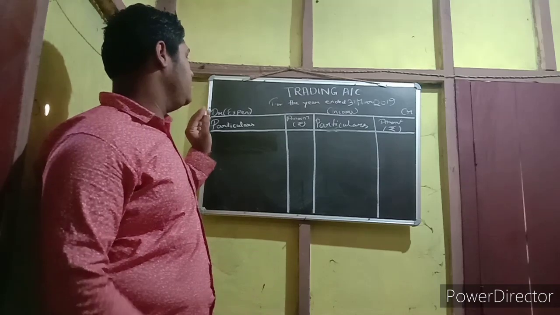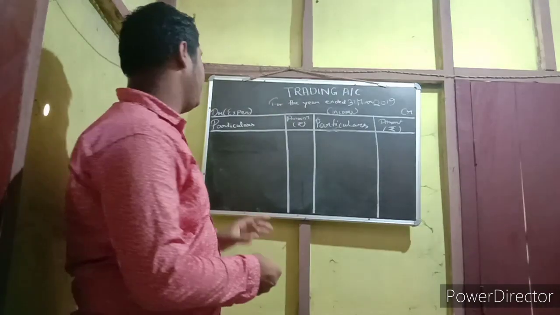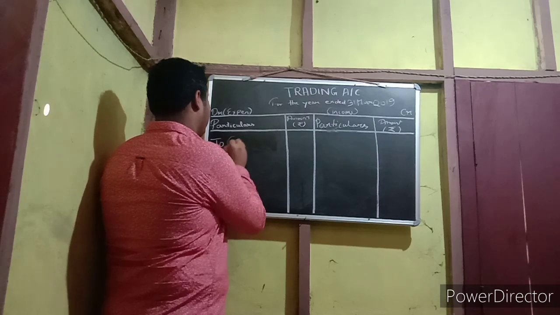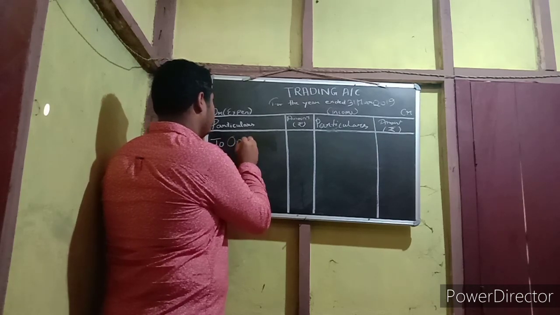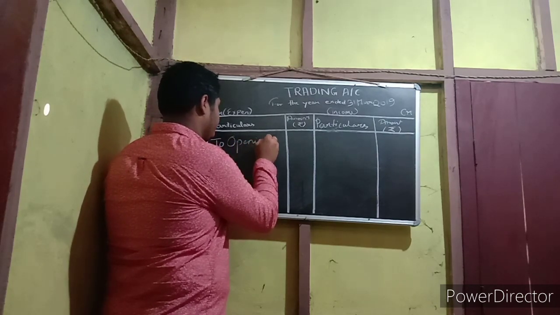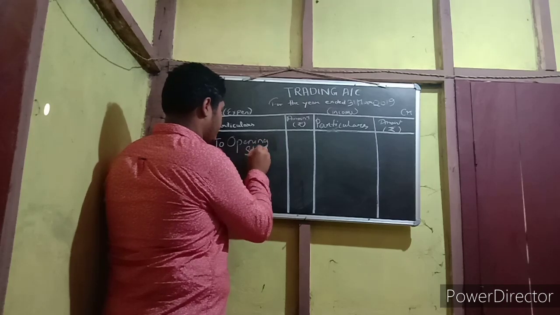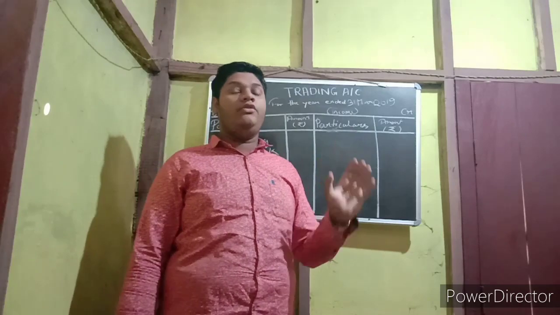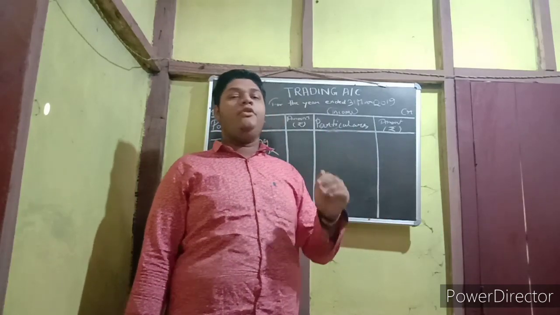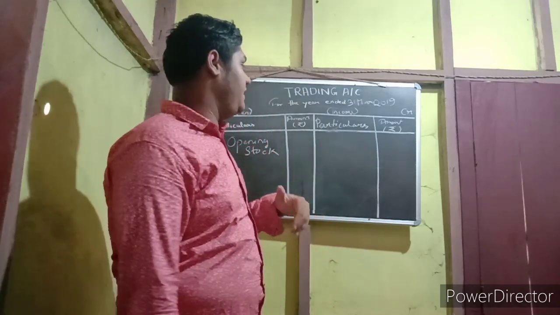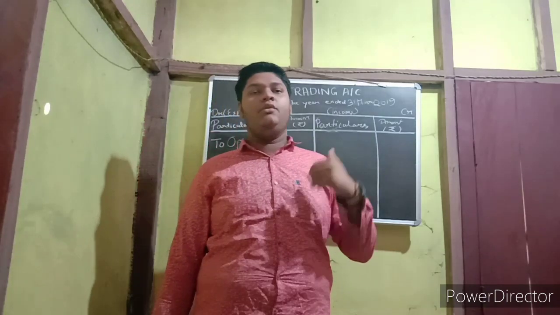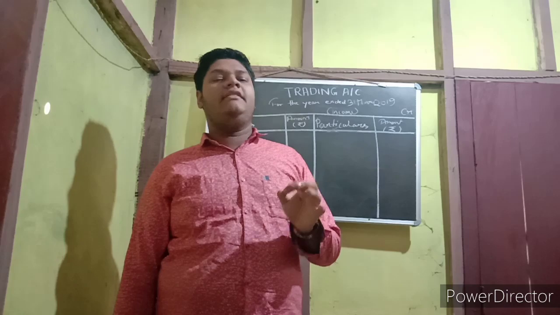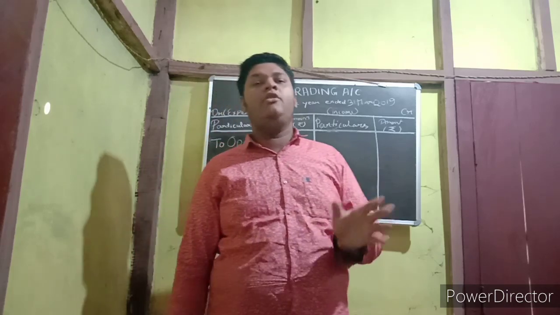On the debit side of a trading account, at first we have to write the opening stock. So what is opening stock? Opening stock is nothing but the closing stock of last year. Suppose I have a manufacturing unit where I purchase raw material, but at the end of this year I have some raw material which is not used.